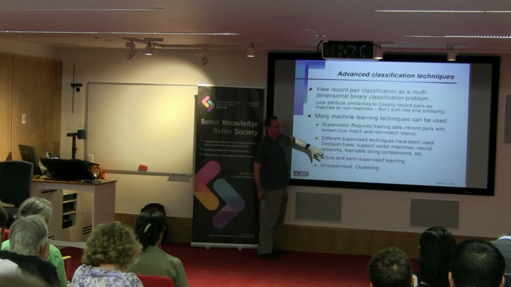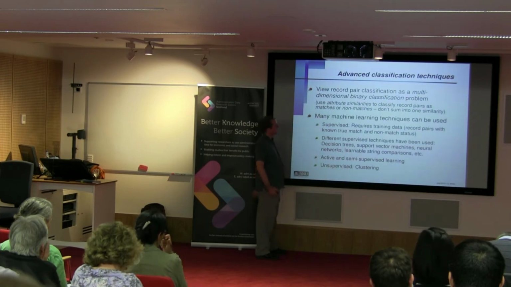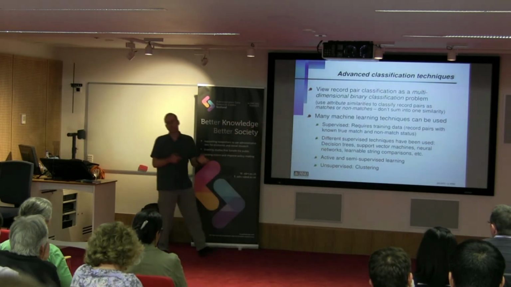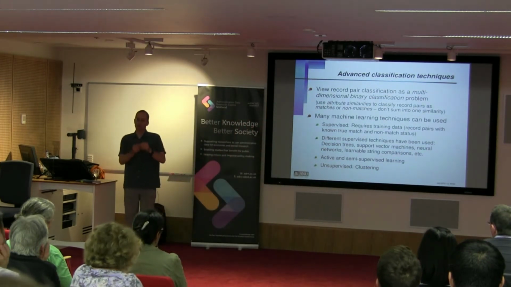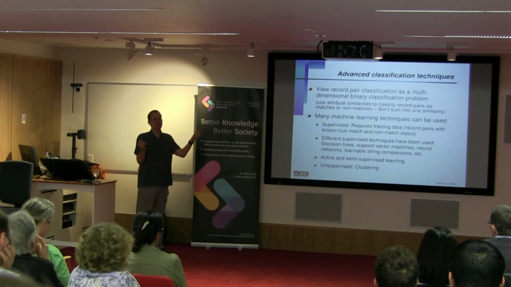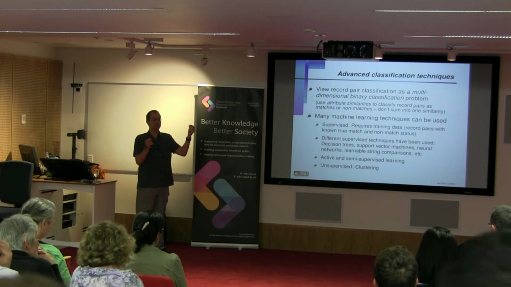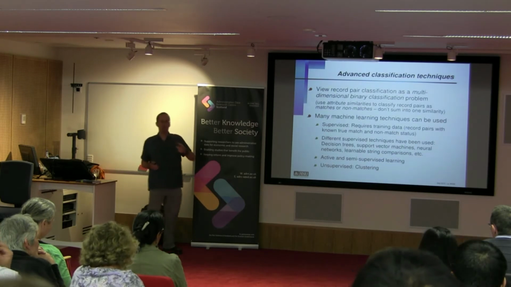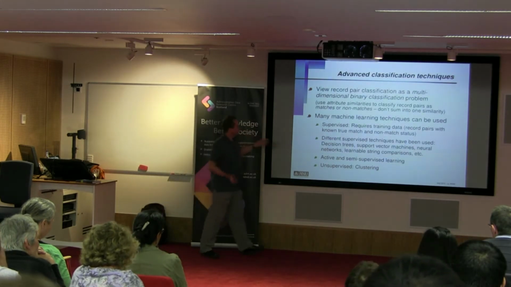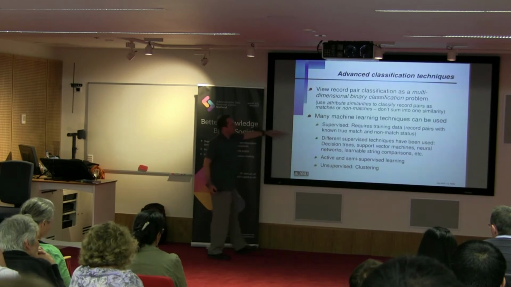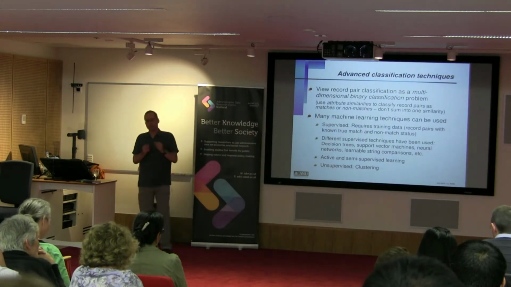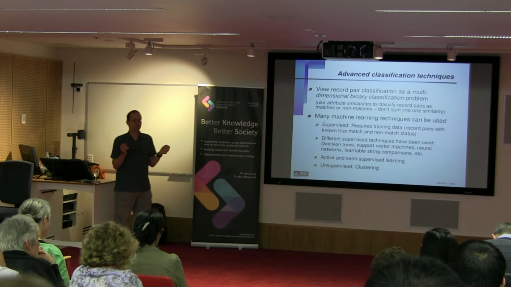Coming back again to the supervised, unsupervised case. Supervised means we need to have training data. So again, we need to know a subset of records which are about the same person. I had a discussion with somebody over the lunch break. Having only training data of people who are exactly the same doesn't help us.